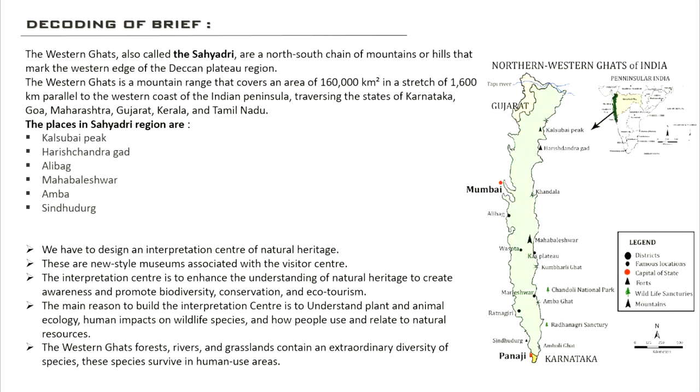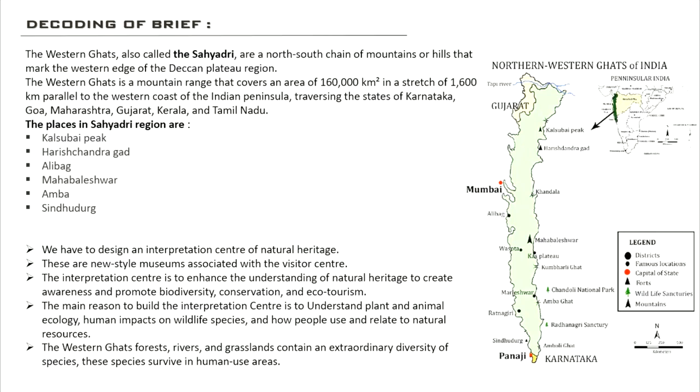The Western Ghats forts, rivers, and grassland contain an extraordinary diversity of species, including rare and threatened species. Understanding plant and animal ecology, human impact on wildlife species, and how people use and relate to natural resources is all critical for conservation.